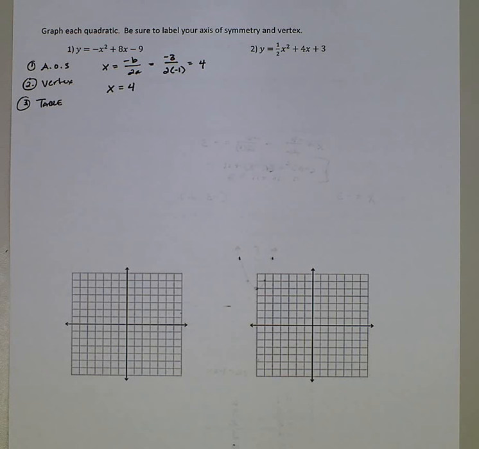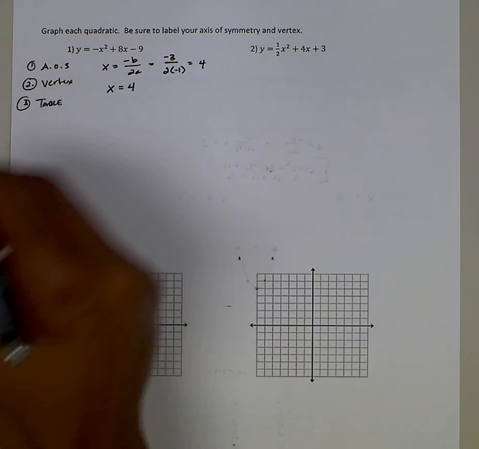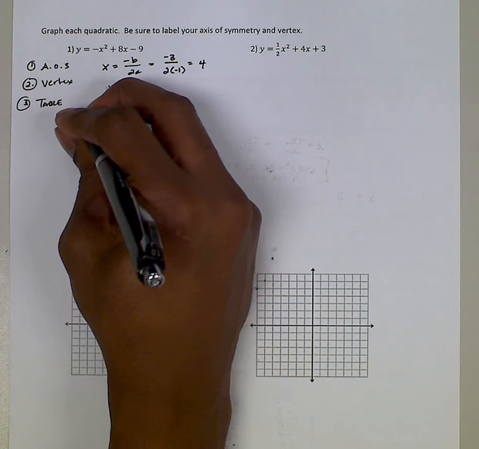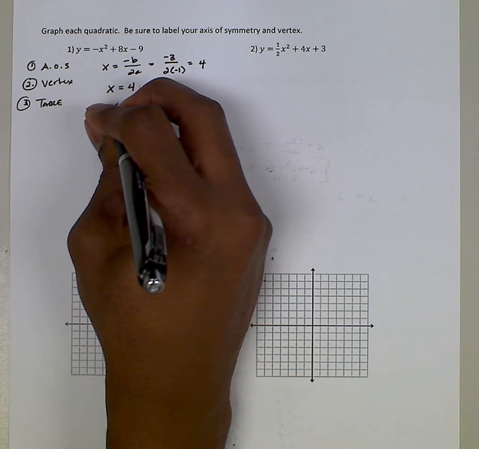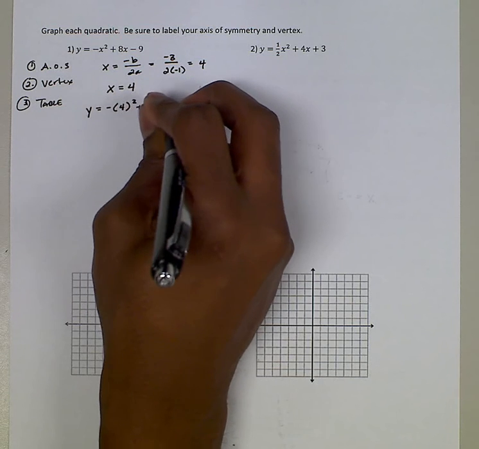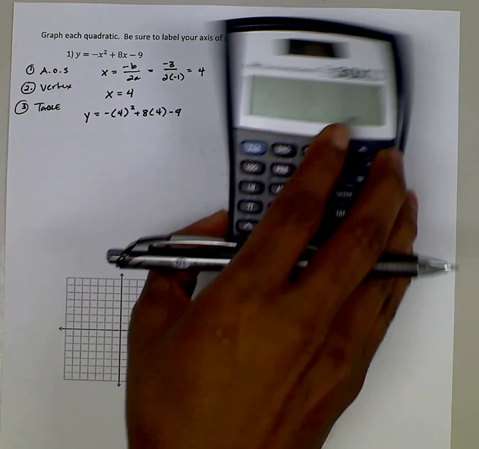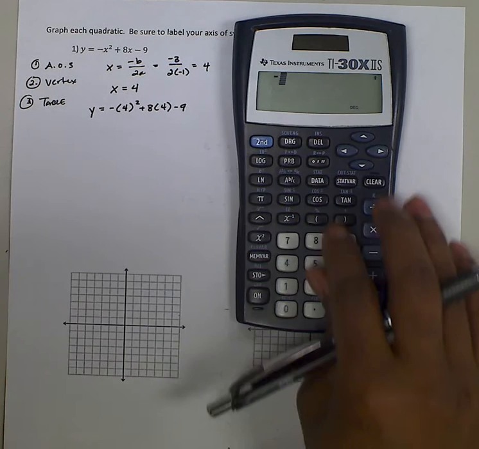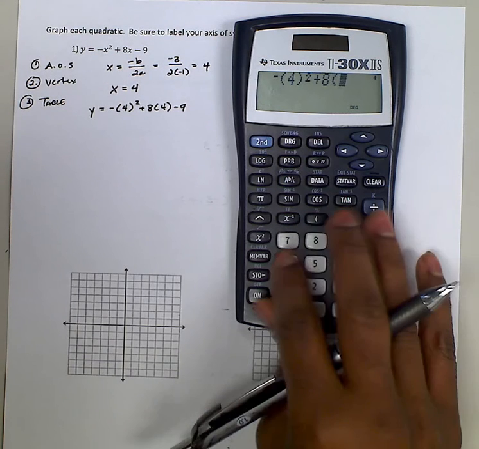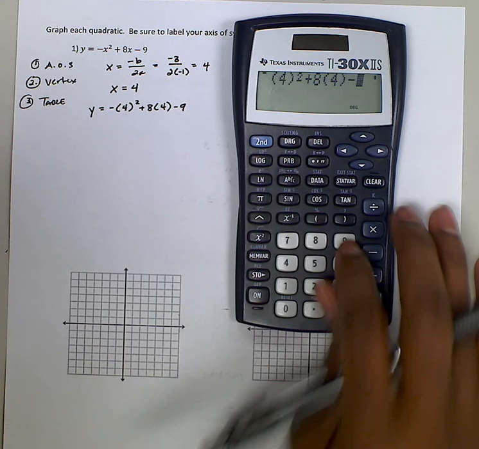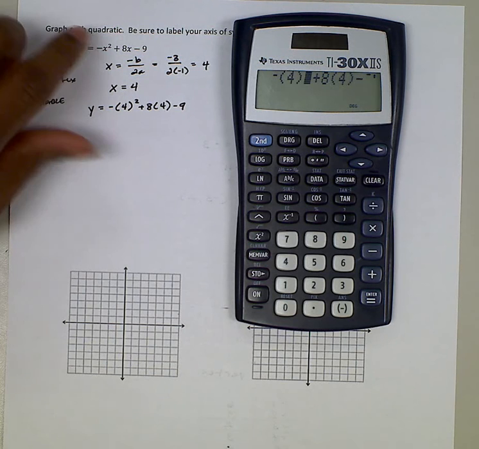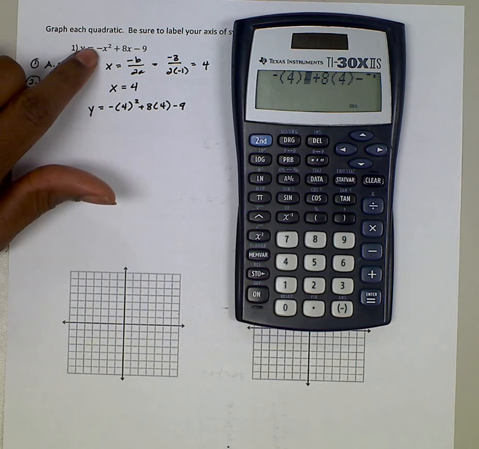So we know our axis of symmetry is there. To find our vertex, we will plug this value into our equation. Y equals -4 squared plus 8 times 4 minus 9. Notice that I have this negative outside of the parentheses because that's what it's telling me by having this negative with this x.